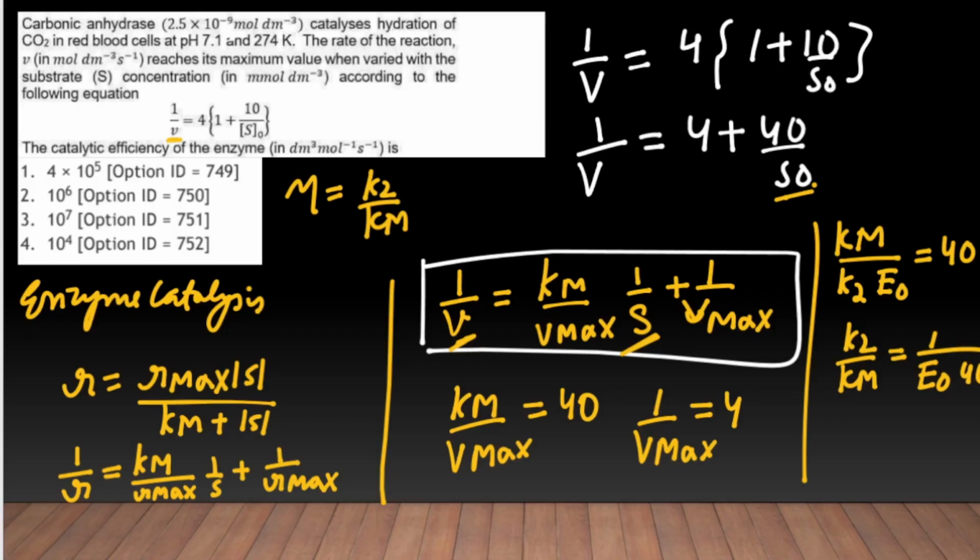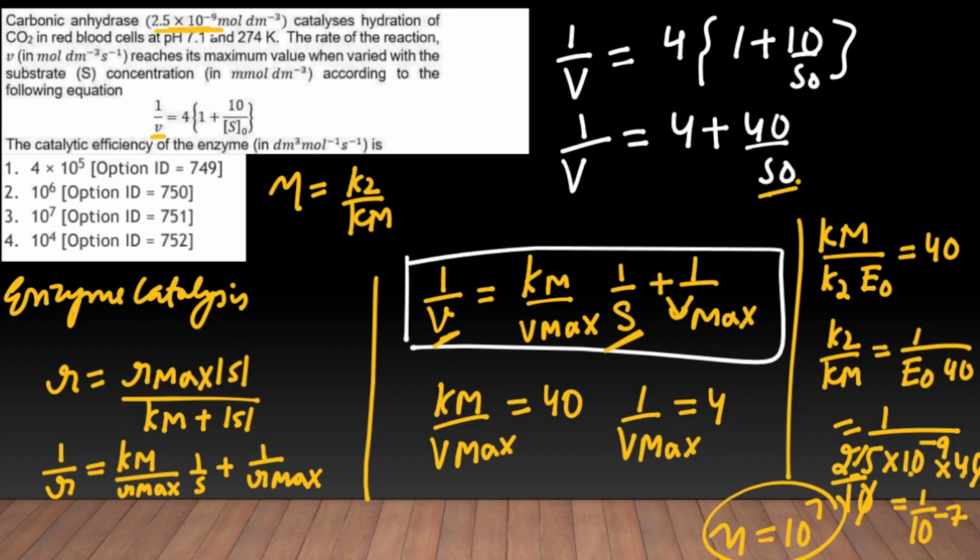The initial concentration of the enzyme is already given to us, which is 2.5 into 10 to the power of minus 9. So 1 upon 2.5 into 10 to the power of minus 9 into 40. This decimal gets removed, so 25 fours are 100. It will become 10 raised to the power of minus 7. So the efficiency value will be equal to 10 raised to the power of 7. So the answer becomes the third option in this case.